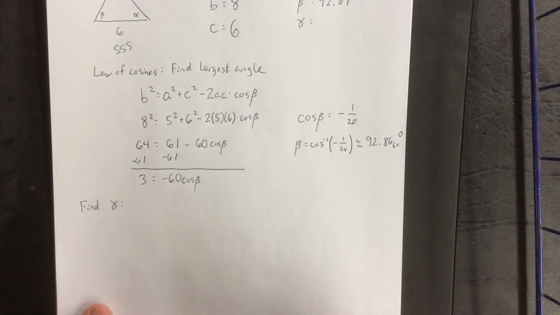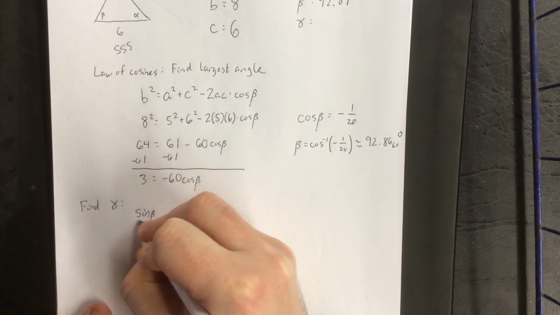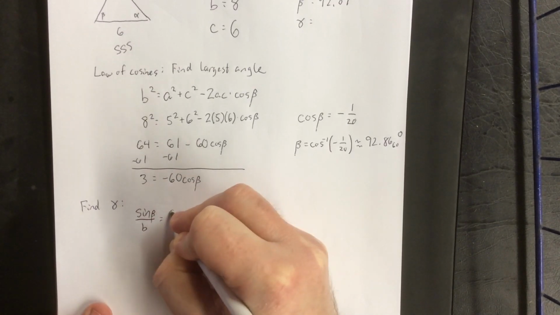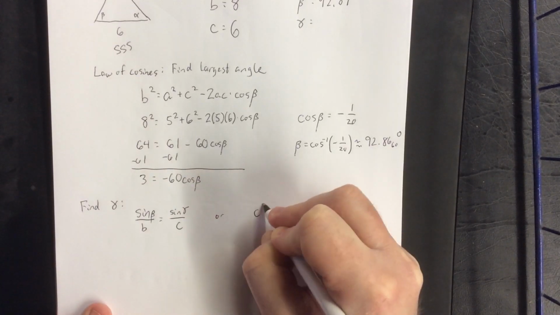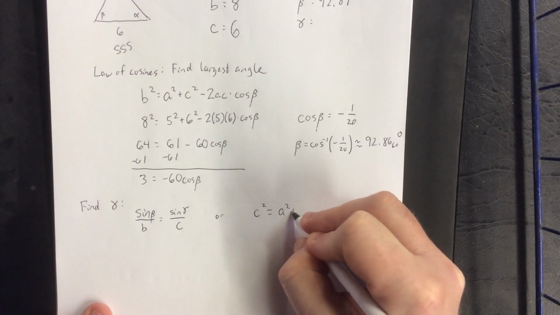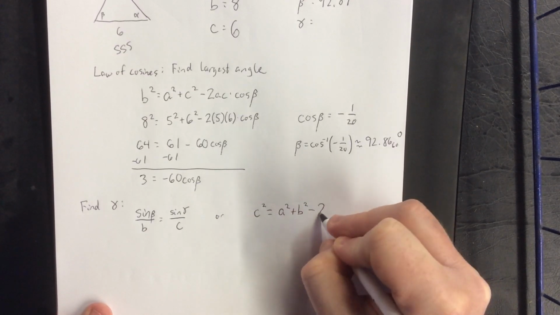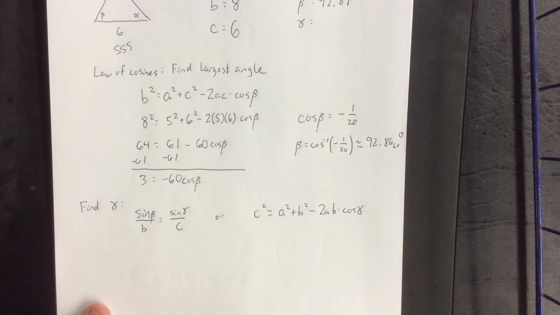So, two ways that I could potentially find gamma. I could do sine of beta over b is equal to sine of gamma over c. Or I could set up the law of cosines using the c and gamma version.